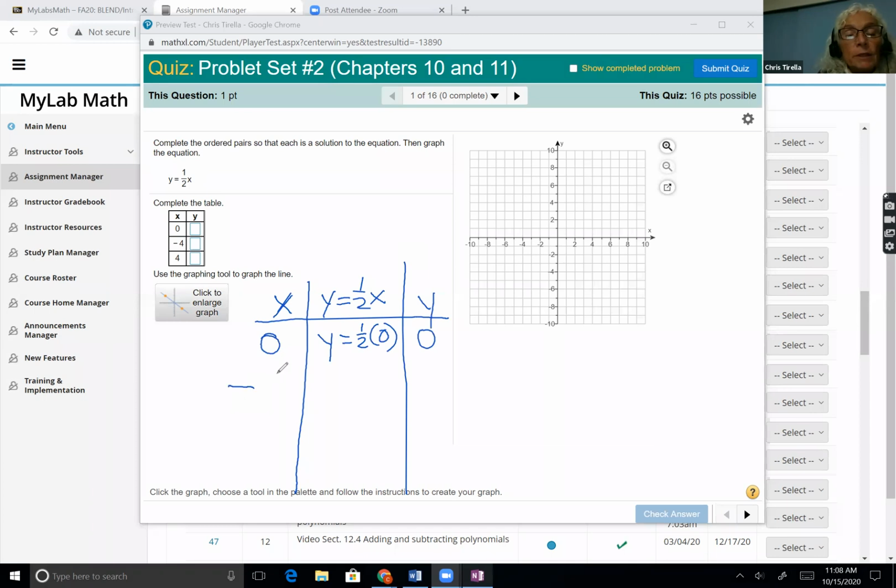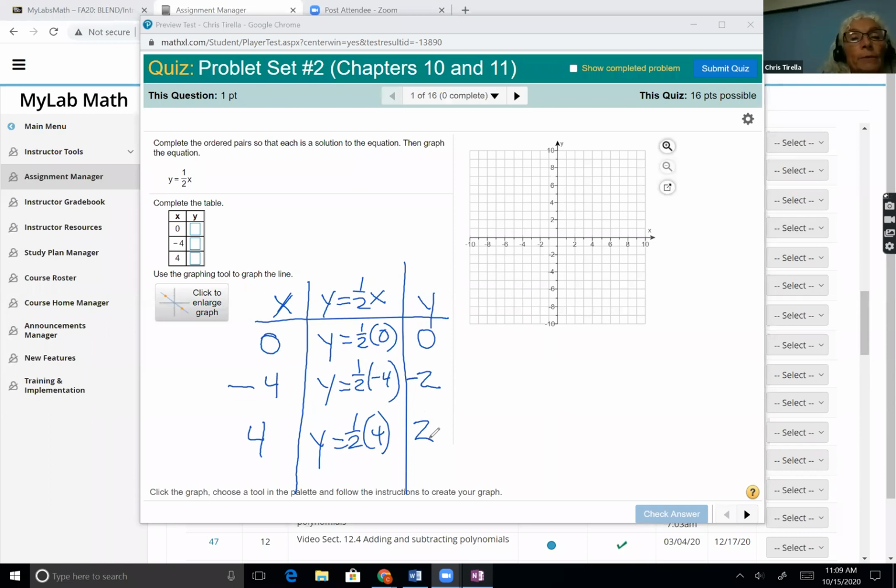If X is -4, Y would be 1/2 times -4, which is -2. And if X is 4, Y would be 1/2 times 4, which is 2. Is everybody comfortable with that?